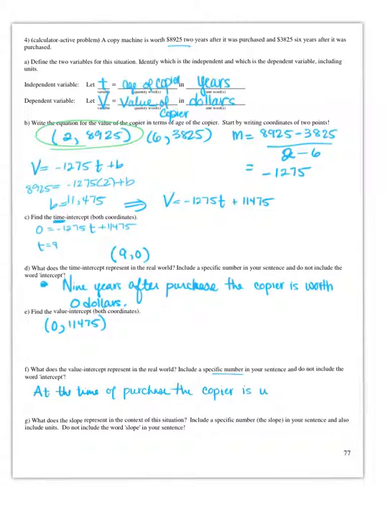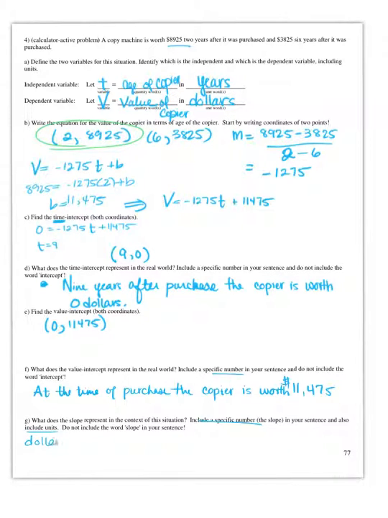The last question is asking about slope. To find the units of slope, you're always thinking about the dependent variable's units over the independent variable's units. So it's dollars over years. And this slope is negative.